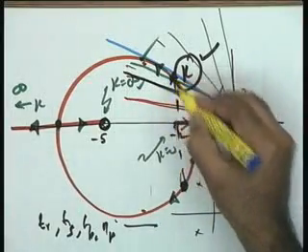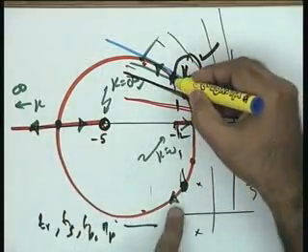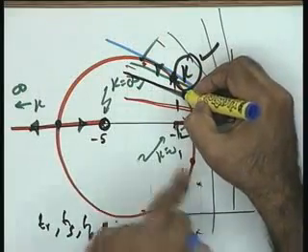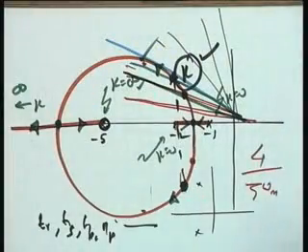Now, I am comparing this point to this point. If the effect of the zero is significant, then I will try to pull the desired poles a little this way, so that the peaking phenomenon pulls the poles to the other side and the value of peak overshoot becomes acceptable to me. Is it okay, please?